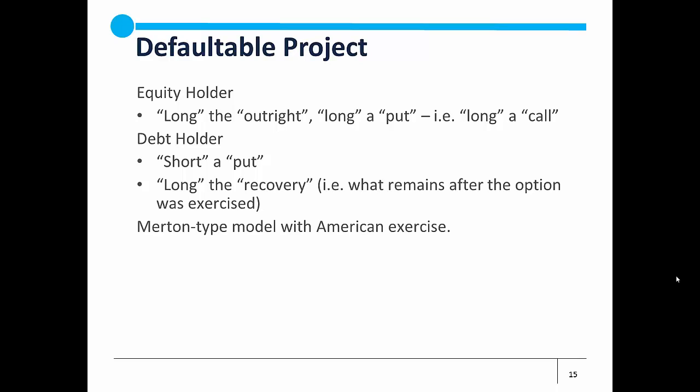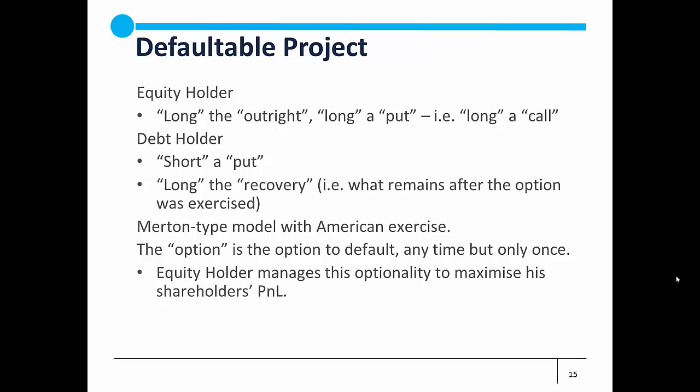So what this boils down to is a Merton type model with American exercise. The option here is the option to default, and the equity holder has this optionality. He can exercise that option anytime he wants, but he only gets to exercise it once. So that's all the optionality that the equity holder has, right?